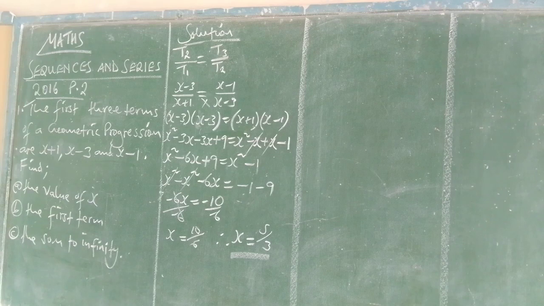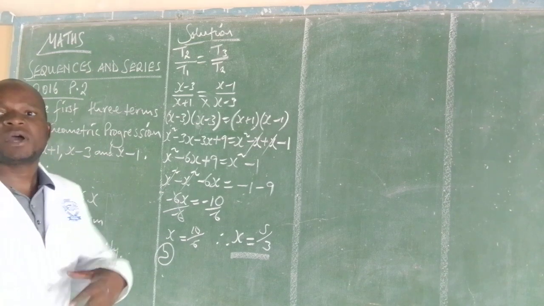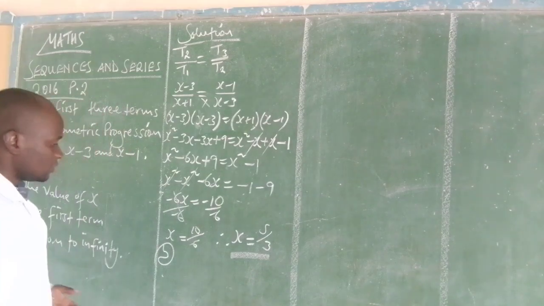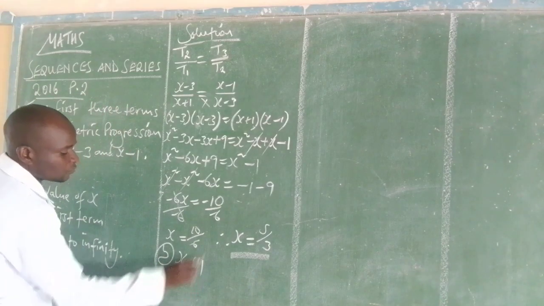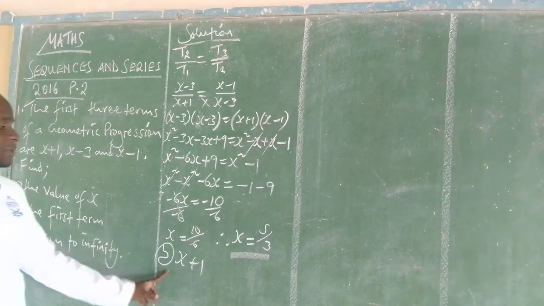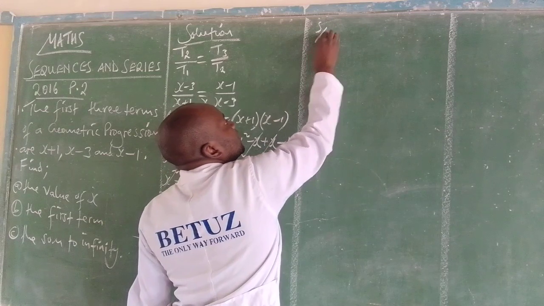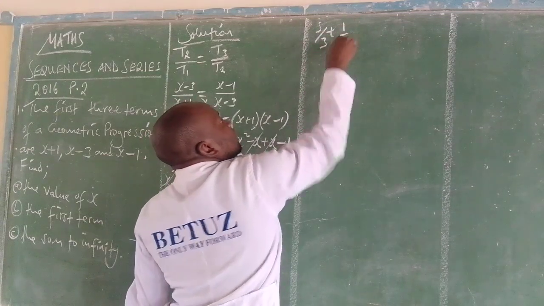Then coming to question B, which says find the first term. We go to our question and pick the first expression, which represents the first term: x plus 1. We replace x with 5 over 3, so we have 5 over 3 plus 1 over 1.